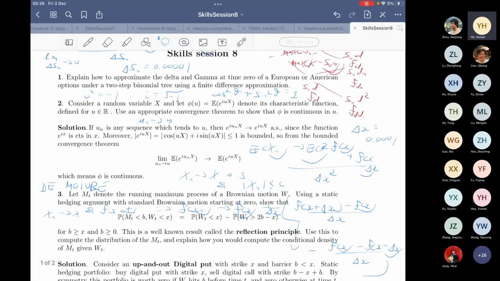So yes, we finished that question because the thing on the left-hand side here is precisely phi. This thing here is phi(u_n), and then we're considering the limit of that as u_n tends to u. So this shows that this is equal to phi(u).